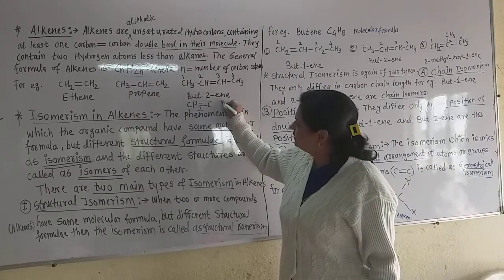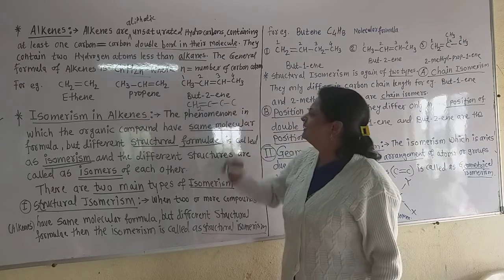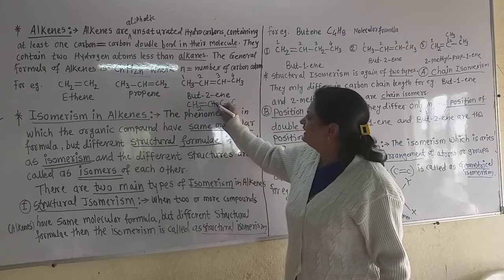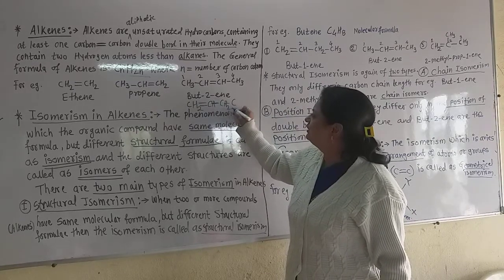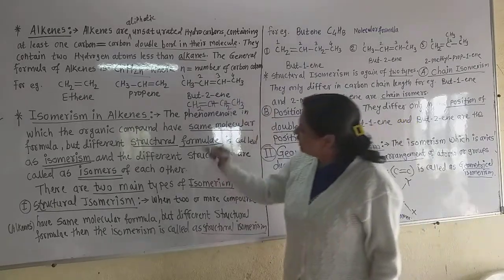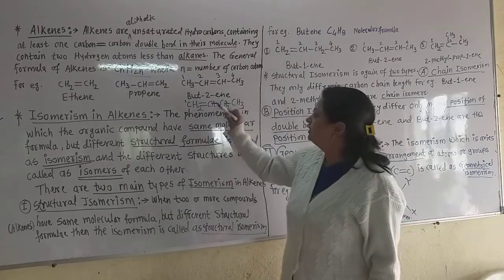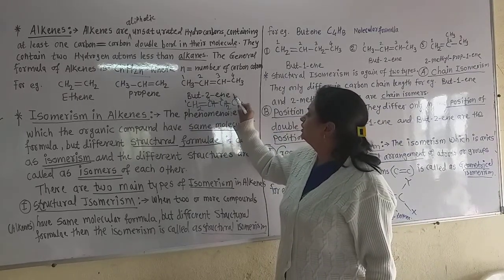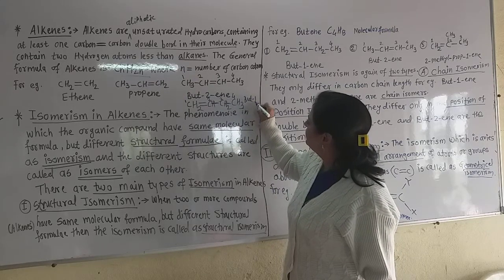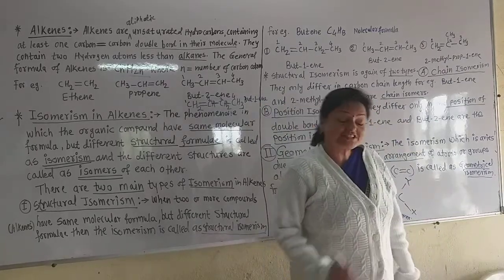Then suppose there are these 4 carbon atoms. As this carbon contains 3 bonds, it requires only 1 hydrogen. It has 2 bonds, it requires 2 hydrogens, and it has 1 bond, so it requires 1 hydrogen. Now number from the carbon which is nearer to the double bond: 1, 2, 3, 4. Now this is but-1-ene.